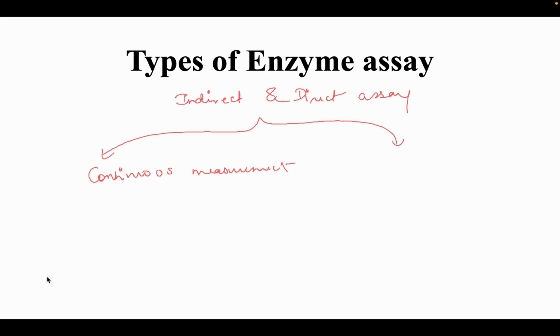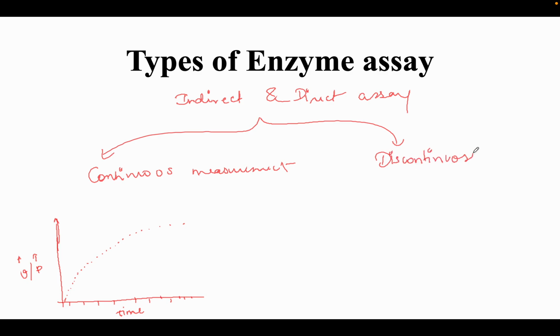Suppose we have different time measurements here, and velocity or product formation on the y-axis. We are continuously measuring the product formation with respect to time. So continuous is time dependent, and we measure for as much time as we want. So that is a continuous measurement. And what is discontinuous?